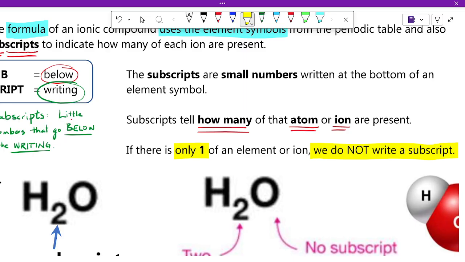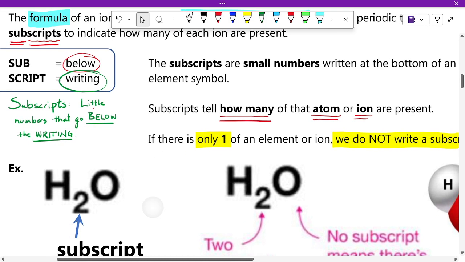And we can use something that we're really familiar with. Even if you've never really worked with formulas before, you probably know the formula of water. What is the formula for water? H2O. See, you guys knew that, even though you've never really studied chemical formulas. And you know it's not H2O1. Nobody wanders around saying, water, H2O1.